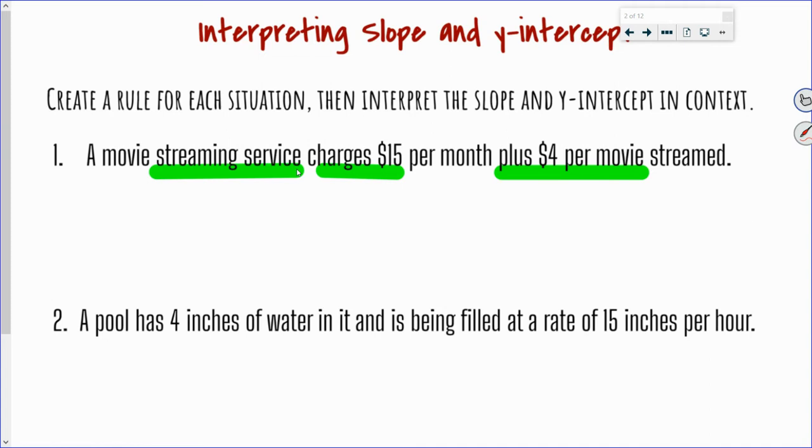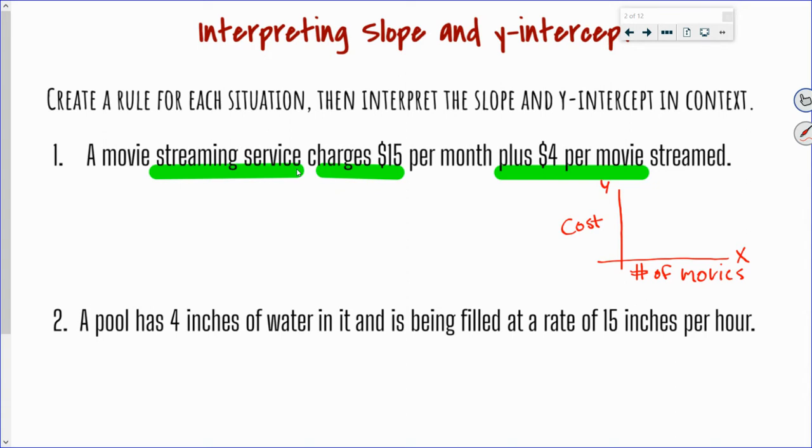Now I want you to think about it just for a moment. If I were to graph this problem, I would say the x-axis is my number of movies. And the y-axis, that's the cost.